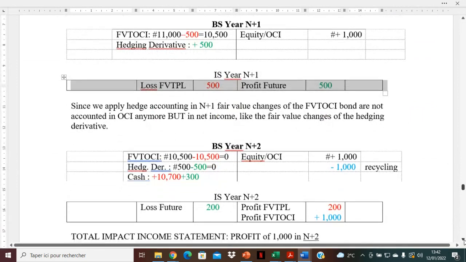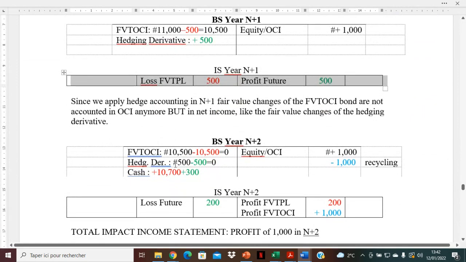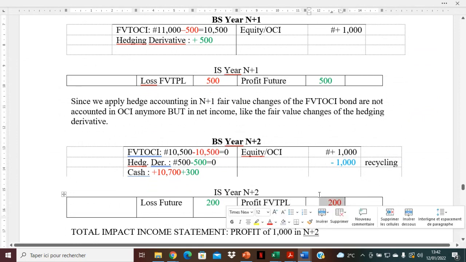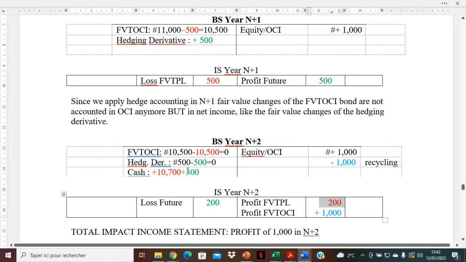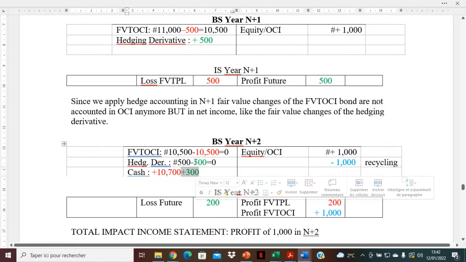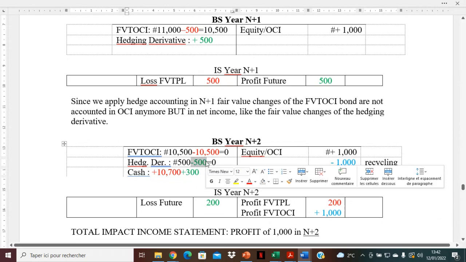In N plus 2, I sell my bonds for 10,700. Therefore, there's a corresponding cash inflow. I delete the book value of my bonds, which is 10,500, and I have a profit of 200 from selling the bonds. And I sell my hedging derivative for 300. The book value is 500.